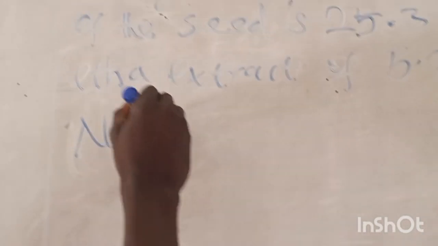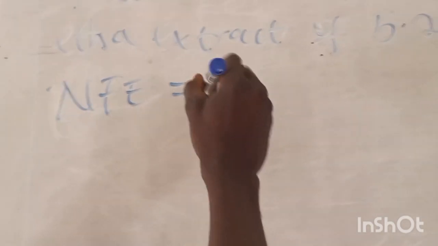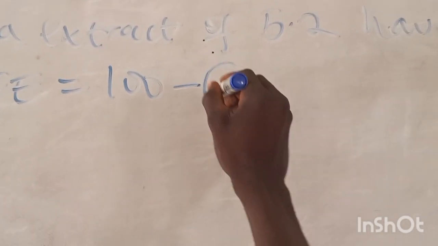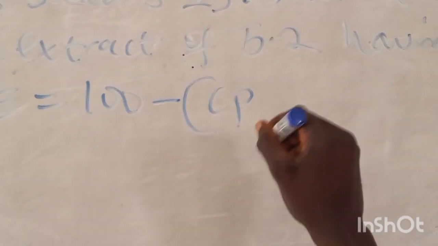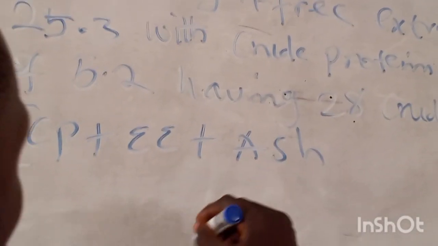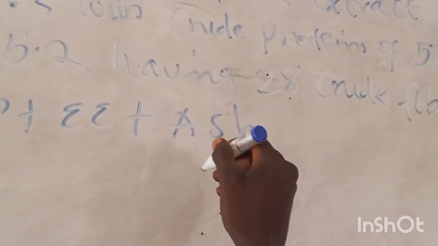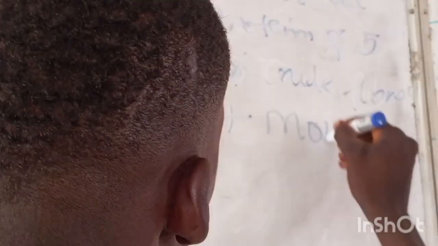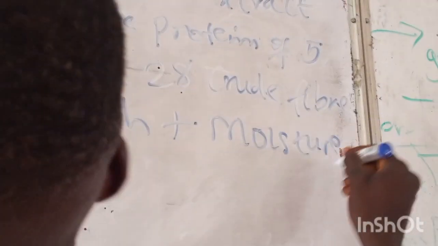So having said that, we are going to be using the first formula, which is nitrogen-free extract equal to 100 minus open bracket CP, which is the crude protein, plus EE, which is the ether extract, plus the ash, plus moisture content.